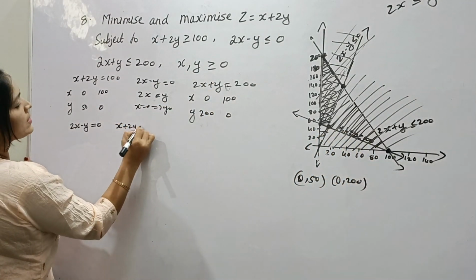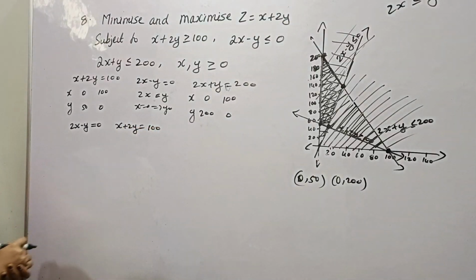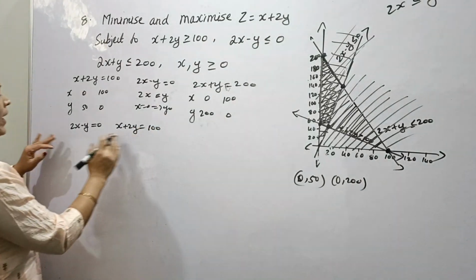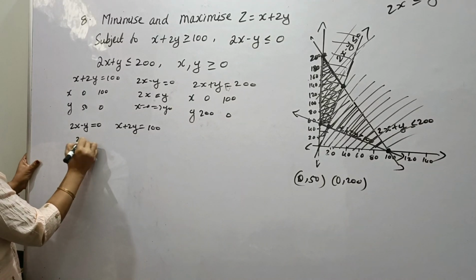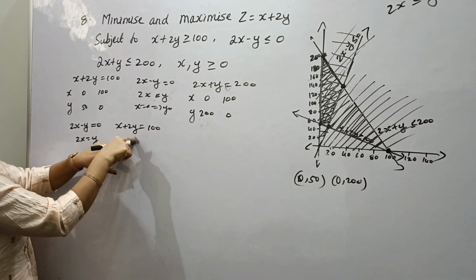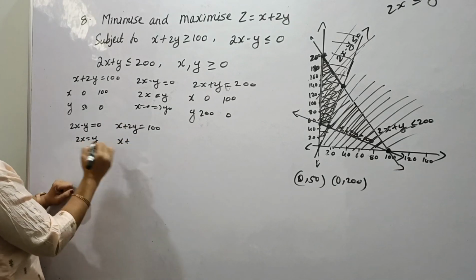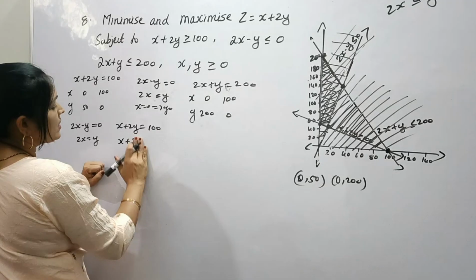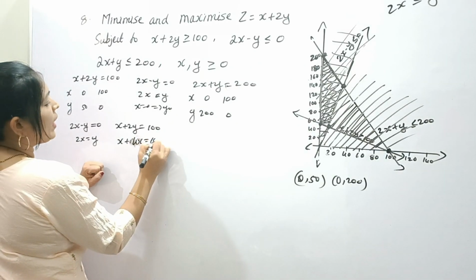So here let's find the values of x and y. 2x is equal to y. Substitute here, y is equal to 2x. So x plus 2 into 2x, that is 4x, 4x is equal to 100.